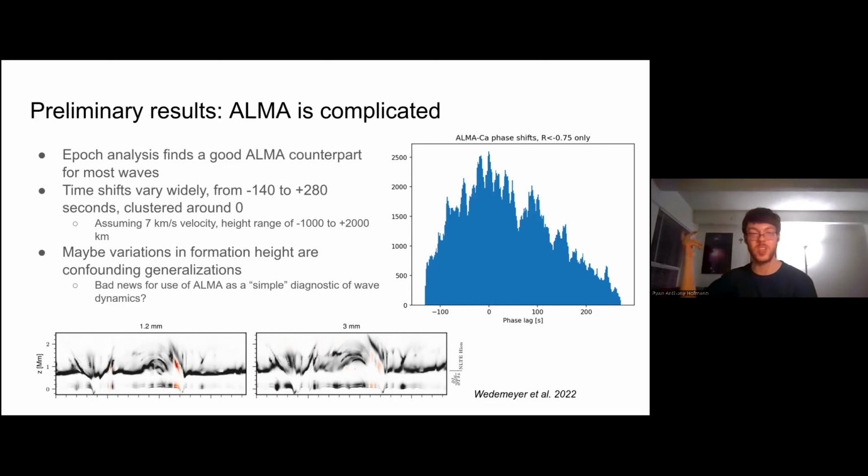So maybe it's just the case that the band 3 is just doing its own thing and doesn't necessarily care about what is happening down below, or wherever the calcium line is.